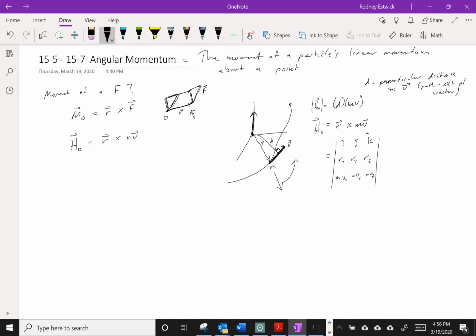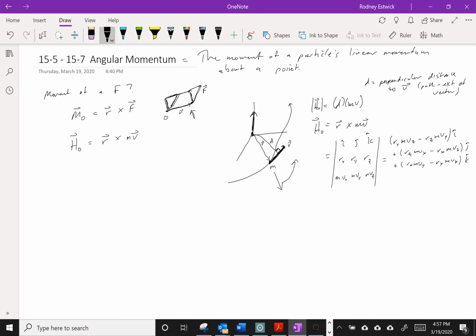So the determinant of this matrix, as you know from your prior classes, is (ry mVz minus rz mVy) i hat, plus (rz mVx minus rx mVz) j hat, plus (rx mVy minus ry mVx) k hat. So that's the formal way to calculate the cross product.